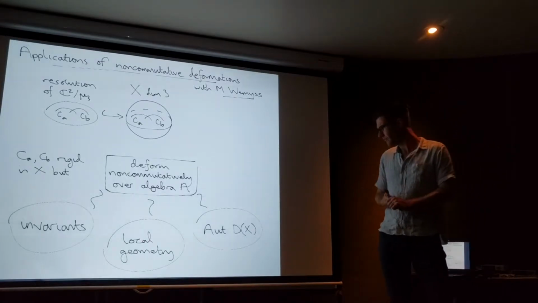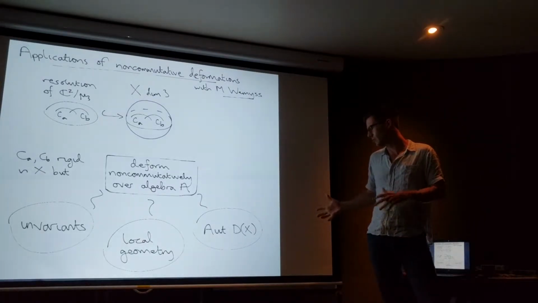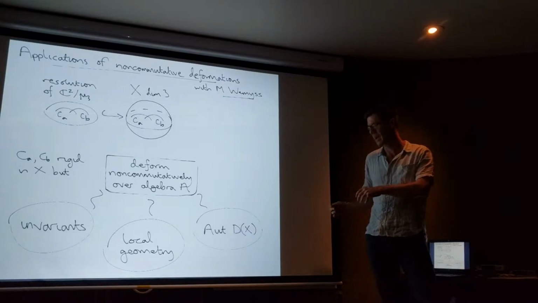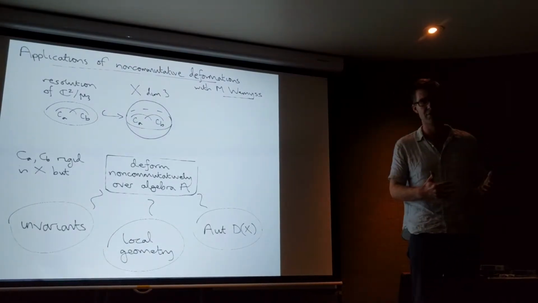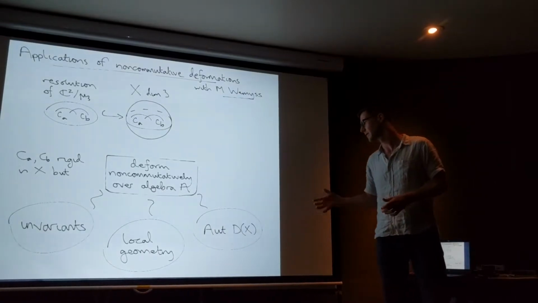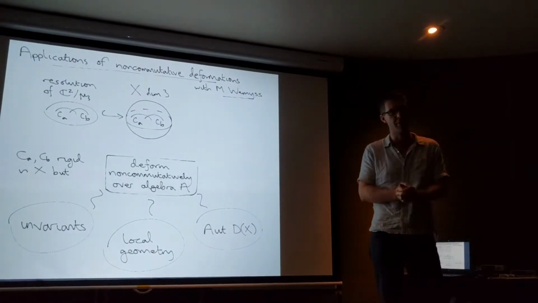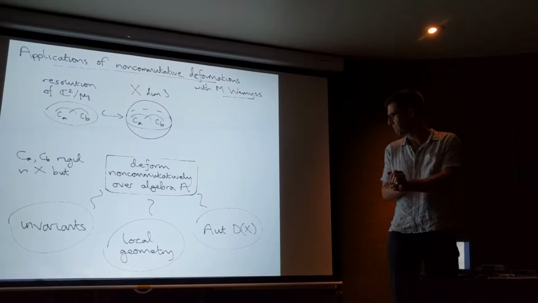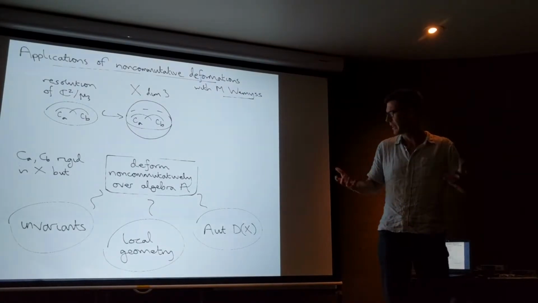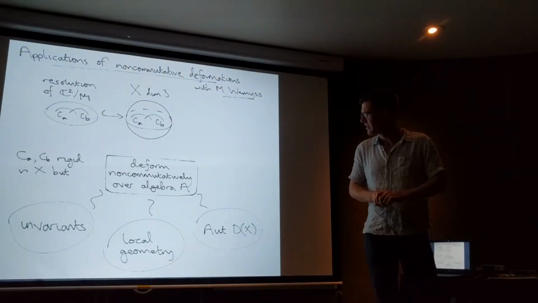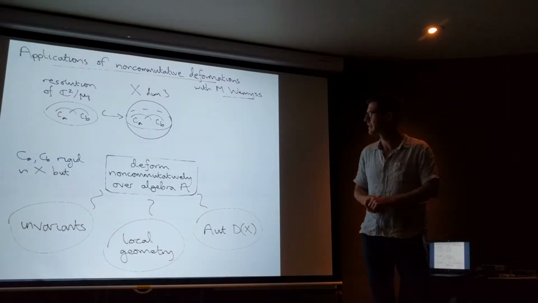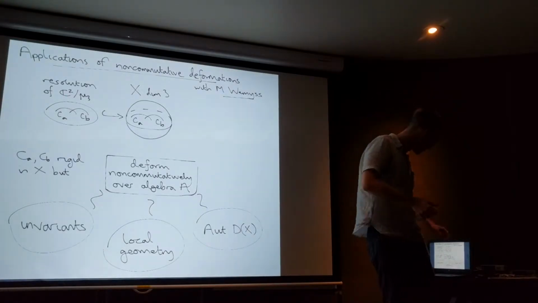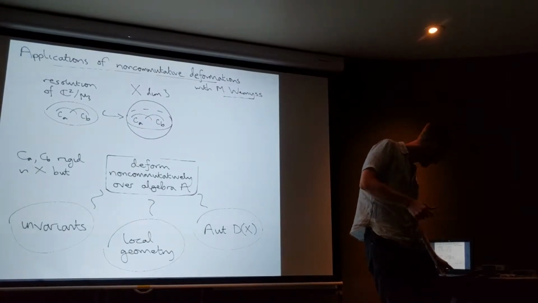And if you are interested, I will briefly say how this applies to give symmetries of the derived category of X. This was in some way our original motivation. But actually, yeah, this work has grown beyond that. But I'll state that. Okay, so let me get started.